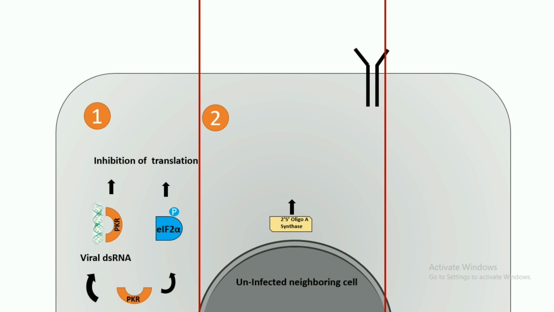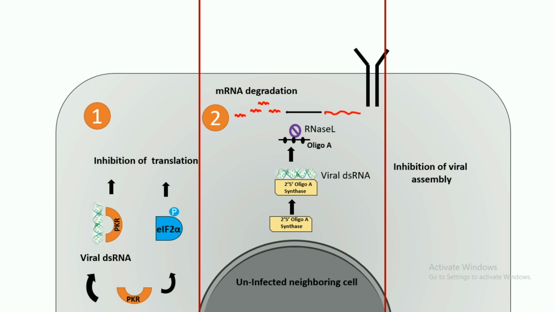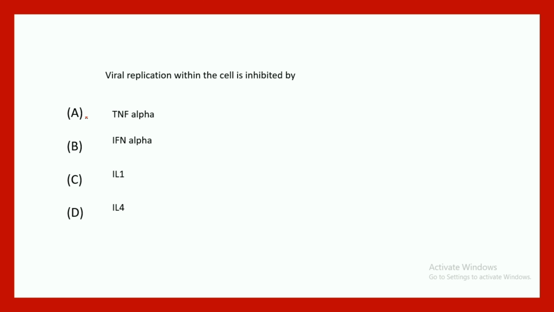Also, there is 2,5-oligo A synthase, which binds to viral dsRNA and leads to its cleavage with the help of RNase L. Then there would be MX proteins. MX proteins can interfere with viral assembly. So interferon is an interesting and important concept. If you want to learn more about interferon, click on this particular link in the I button.